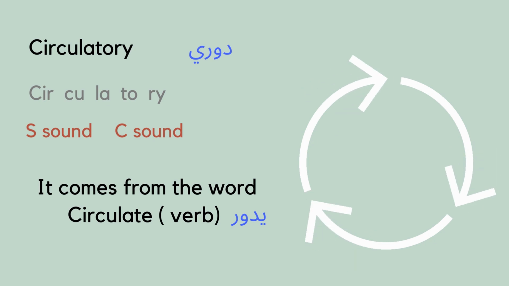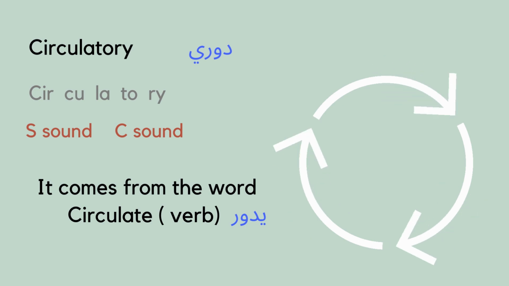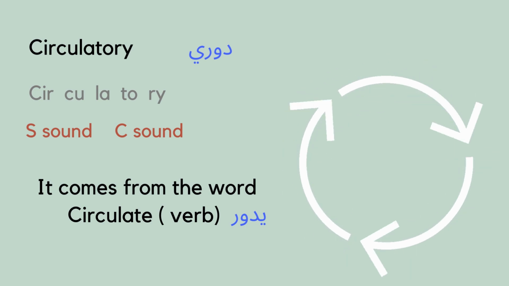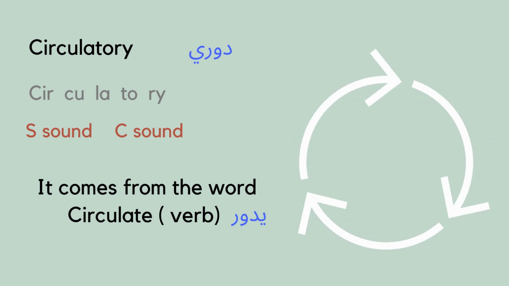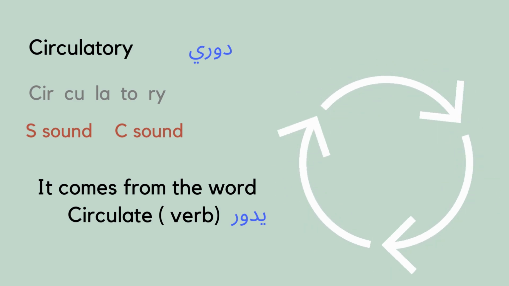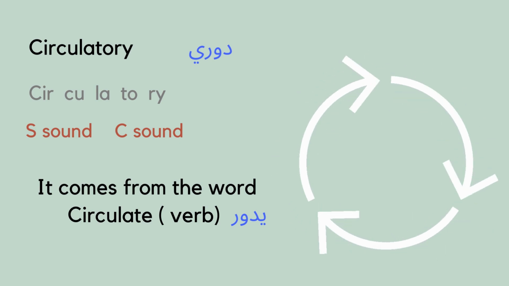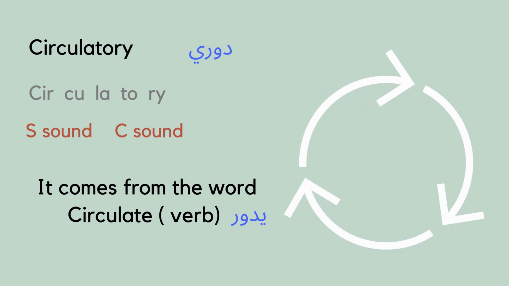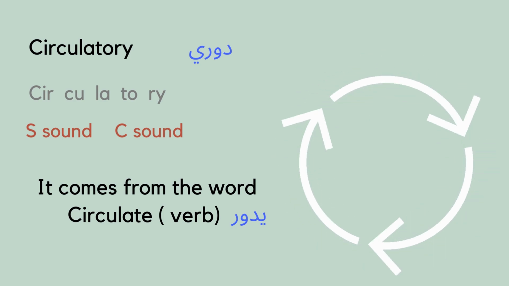It's sir, ku, la, to, re, circulatory. And it comes from the word circulate, okay, or something that goes in a circle, okay, as it comes from something and returns back to this thing, okay? And we will see why it is called the circulatory system.